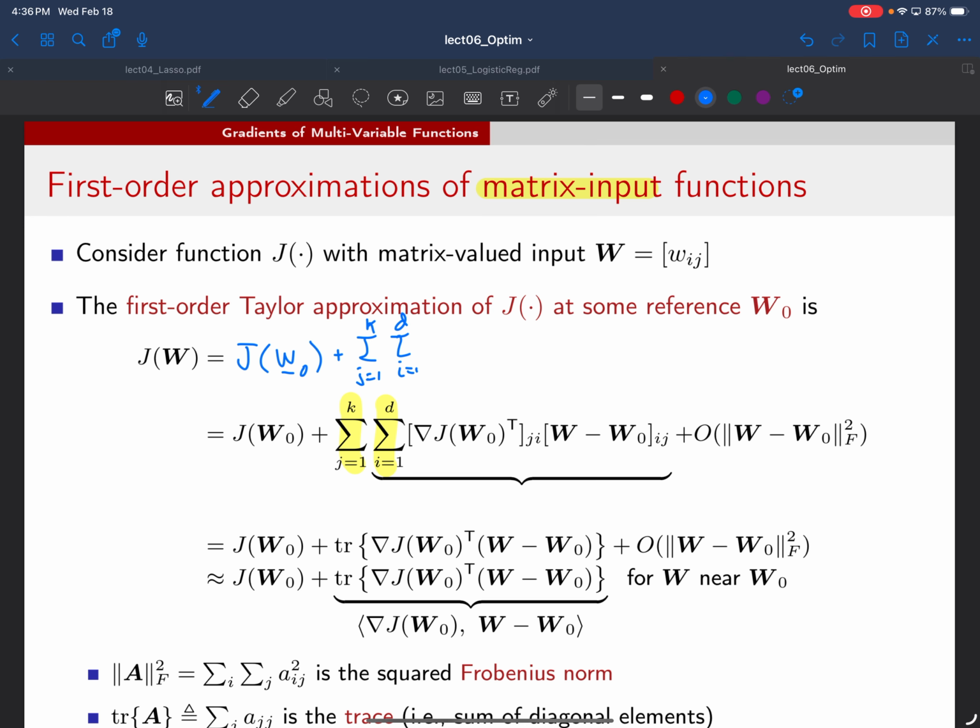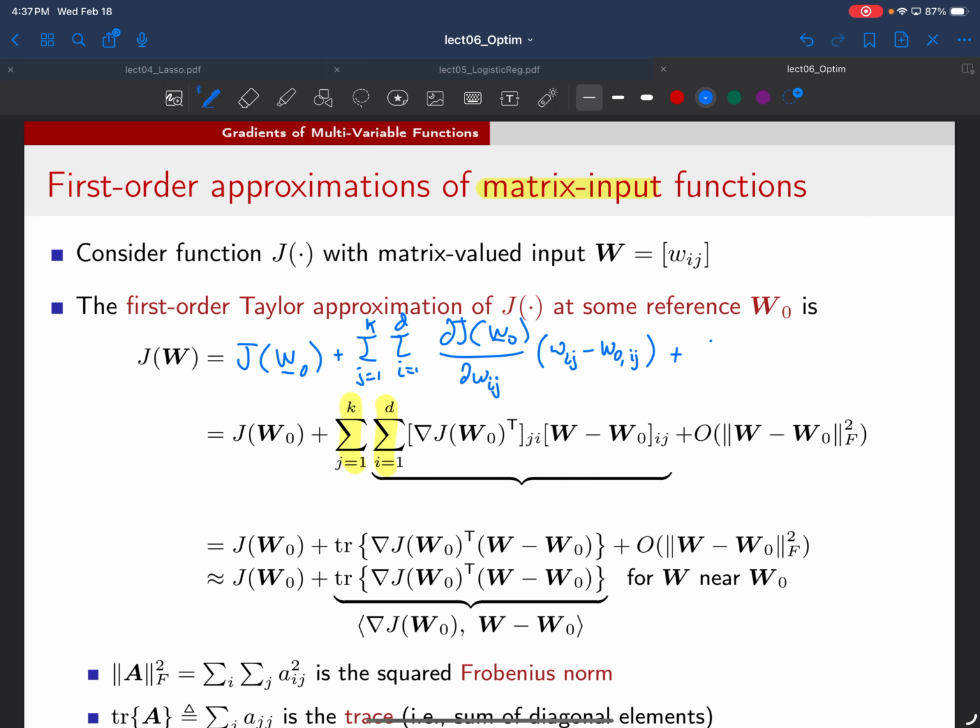And we're going to have dJ, so this is the derivative with respect to the ijth term at the reference point of matrix W naught, and then we have the deviation Wij minus W naught ij.